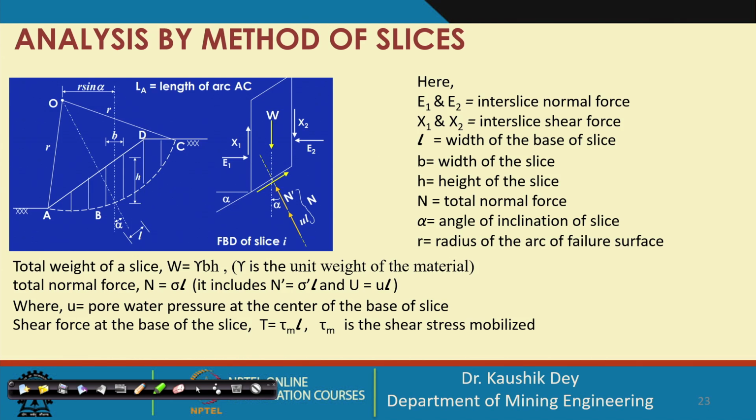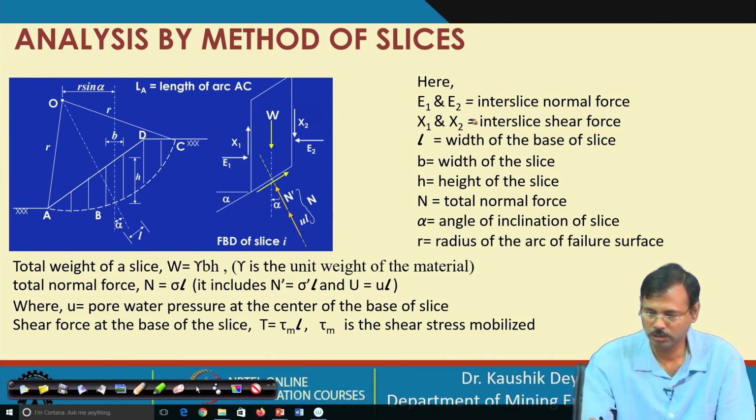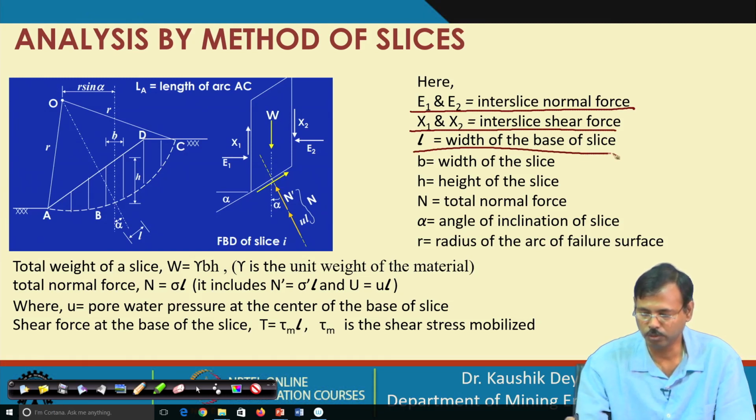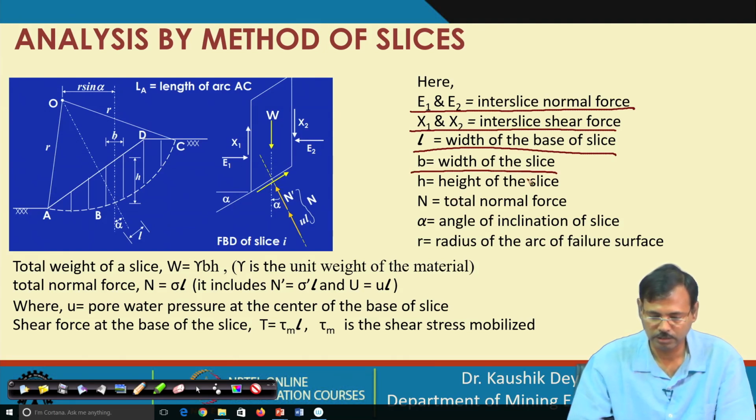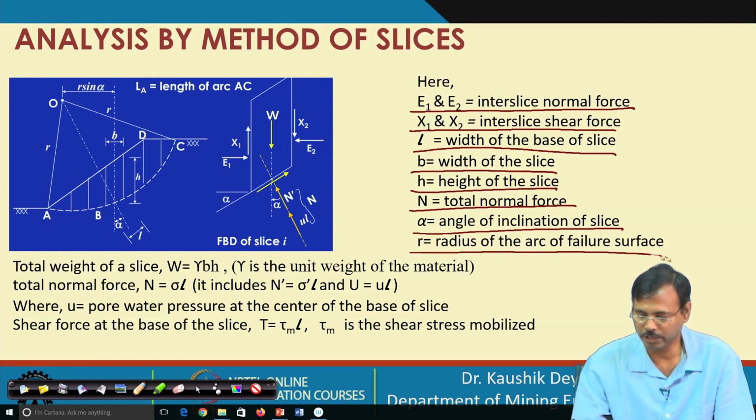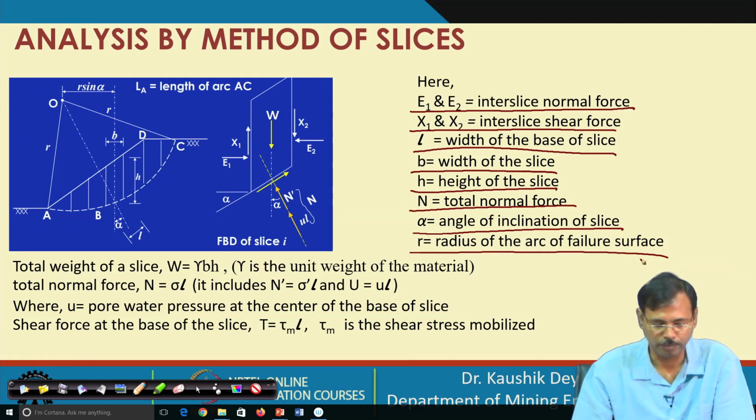E1, E2 are the interslice normal forces, X1, X2 are the shear forces, L is the width of the base of the slice, B is the width of the slice, H is the height of the slice, N is the total normal force, alpha is the angle of inclination of the slice, and R is the radius of the arc of the surface.